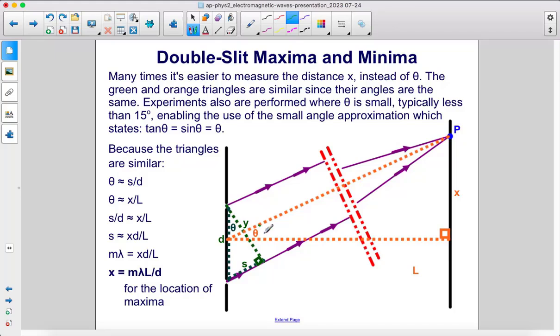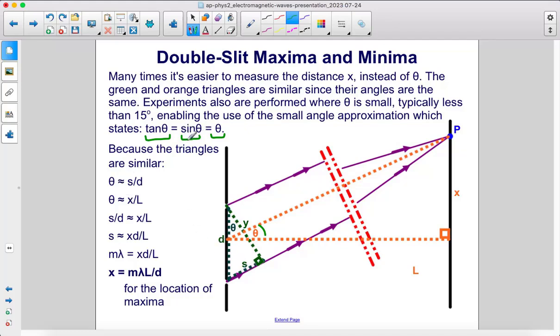Also, because this angle is small, we can use small angle approximation. What that means is that if an angle is less than 15 degrees or approximately 0.26 radians, tan theta is going to be equal to sine theta, which will be approximately equal to theta. Because the triangles are similar, let's look at this here. So sine theta is going to be opposite over hypotenuse, s over d.